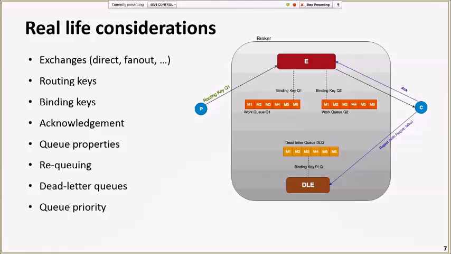And then there's something called queue priority. By default, these queues are FIFO, like first message in, first message out. But for whatever reason, say in this example in Q1, you want to process M3 before any other message, right?